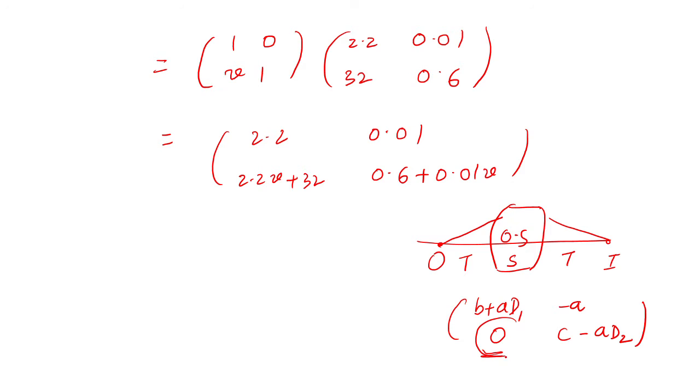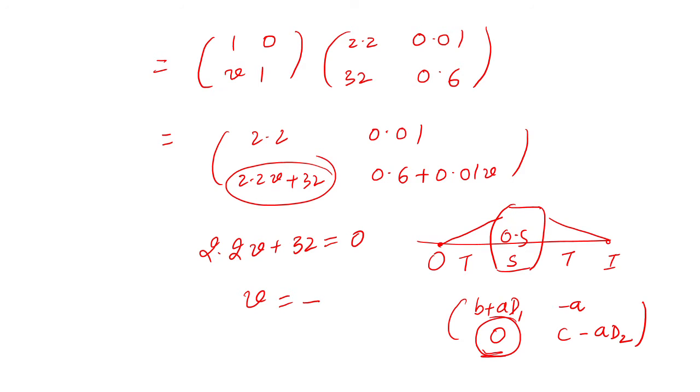You should go back to lecture 11 and take a look at that again if you don't understand that, right? So this element should be 0 no matter what in the total system matrix. So this element should be 0. So therefore simply 2.2v plus 32 should be 0, or you would get essentially v to be minus 14.5 centimeters. So you got a negative sign.